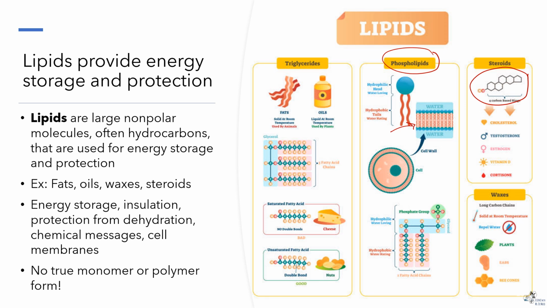These ones do not have a true monomer or polymer form because they can take so many different types of forms. As you can see with the steroids and our hormones, they take a lot of geometric patterns, whereas the phospholipids and triglycerides and fatty acids tend to just be carbon, hydrogen, repeated over and over again.